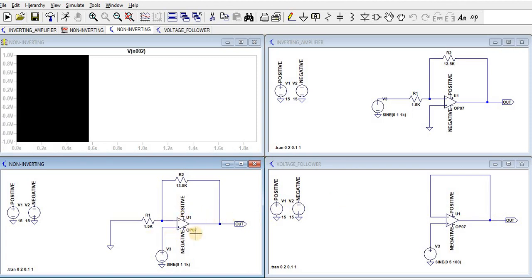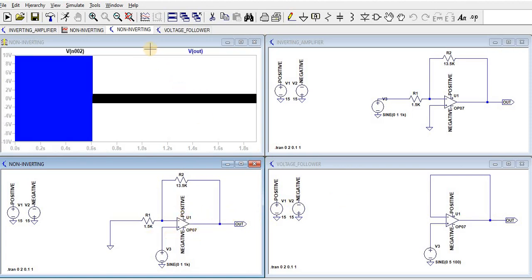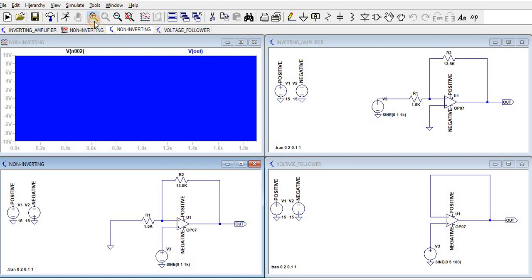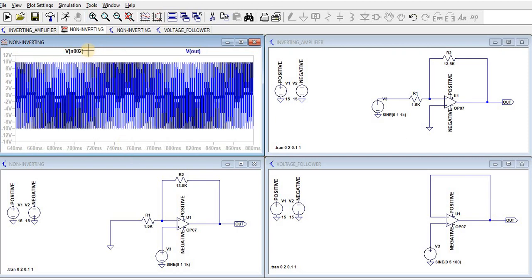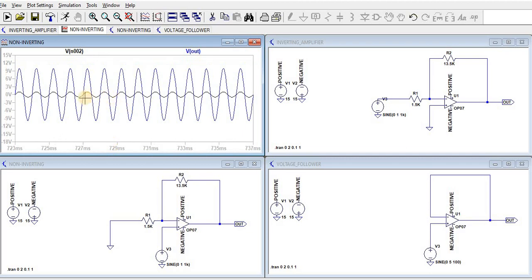Let us give the input and get the output. Now let me zoom it. Here we can see the output is not inverted, but the output gets amplified properly, where black is the input and blue is the output.